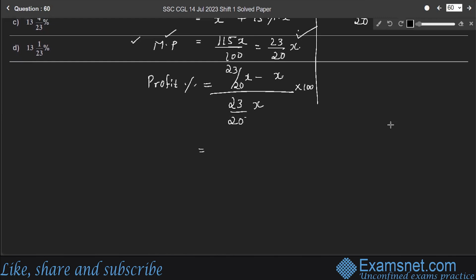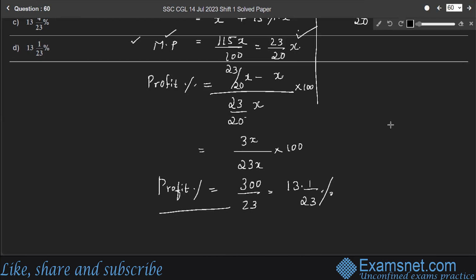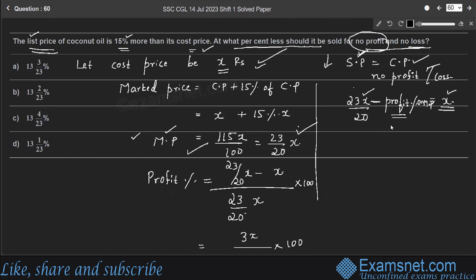So here you can take 3x by 20. Here 20 and 20 will get cancelled, by 23x into 100, right? So you'll have 300 by 23 as the profit percentage. You can still simplify or leave it as it is. You can consider it as 13 integer 1 by 23 percent is the profit percentage when the market price is so and so and the cost price is x rupees. Here the question is, at what percentage less should it be sold?